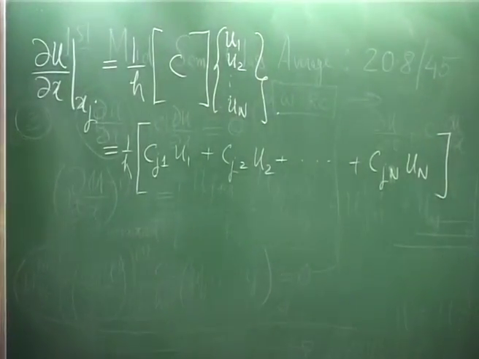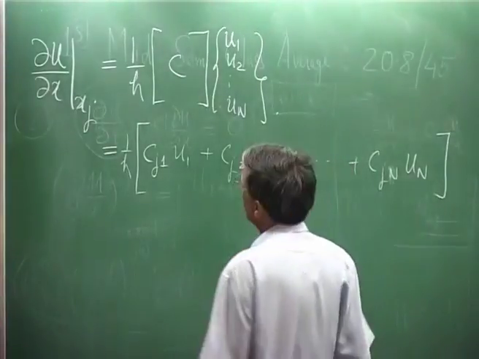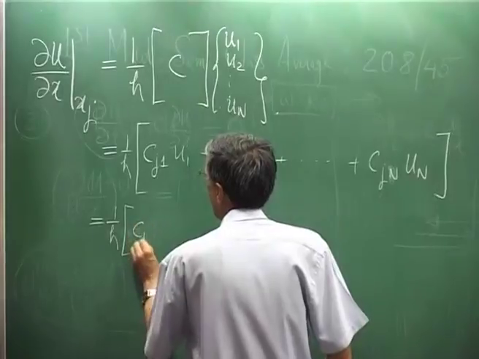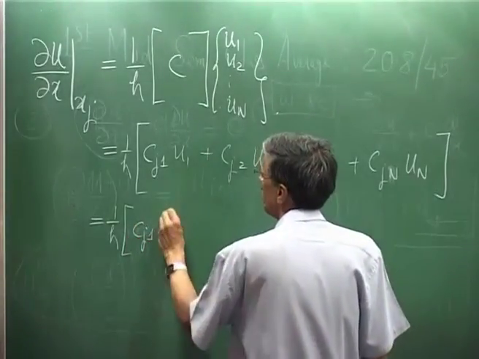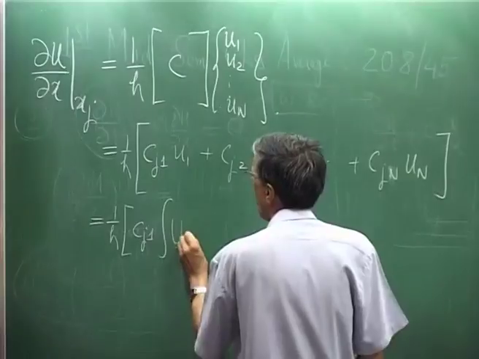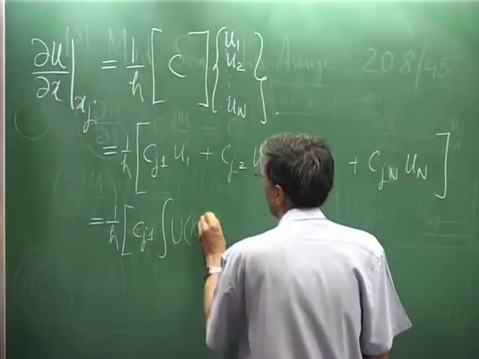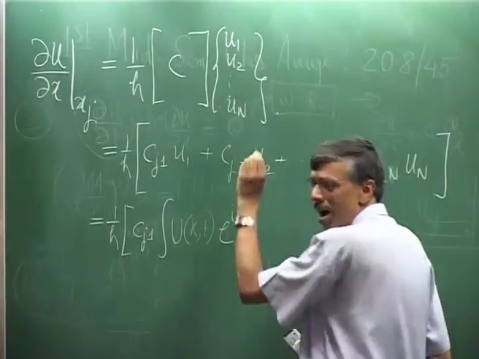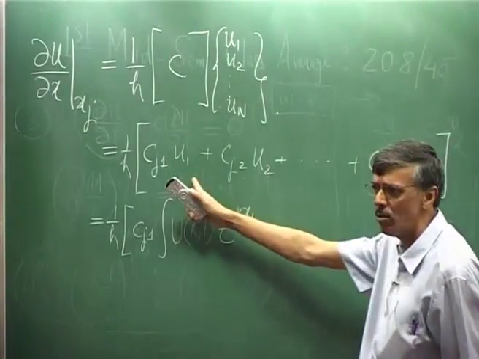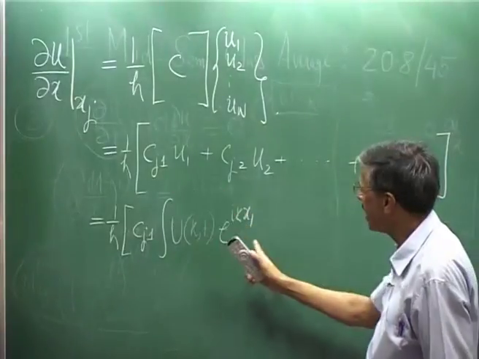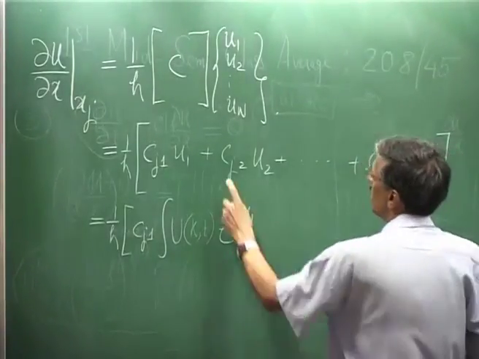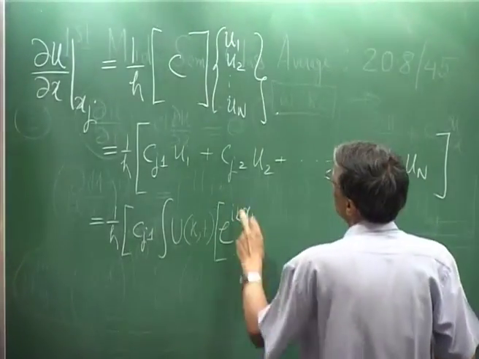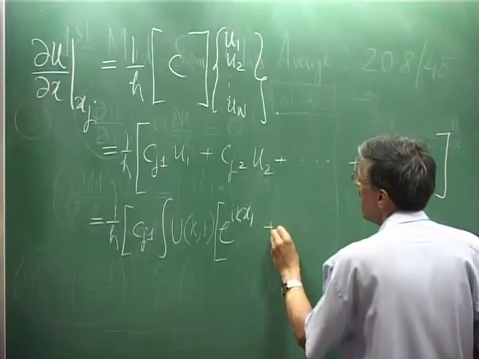Each one of them I could write by the Fourier series. So, C_j1 times u_1, which is u of k and t, e to the power i k x_1. U_1 is the value of u at x_1.